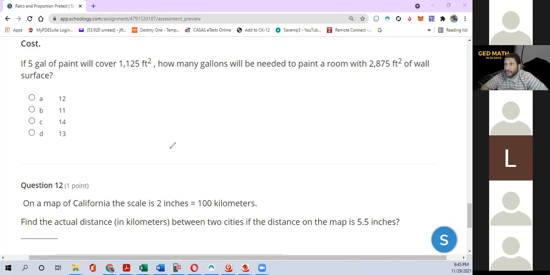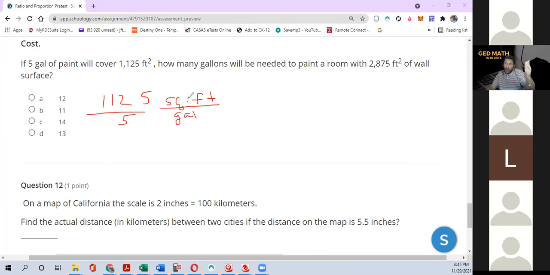Do we put the 1,125 over 5? Okay, so 1125 over 5. So this is my square feet. This is my gallons. So what is this going to tell me? This is going to tell me my square feet per gallon.